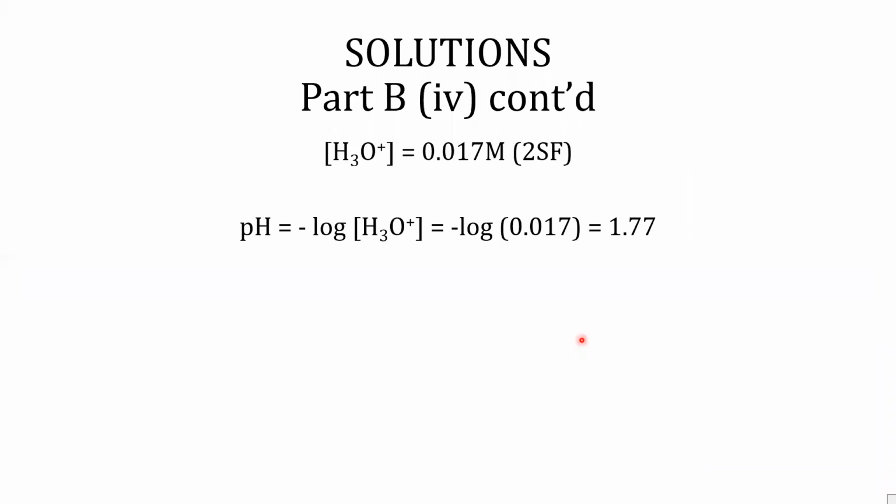The pH of this solution is the negative log of H3O+, or negative log of 0.017, which equals 1.77.